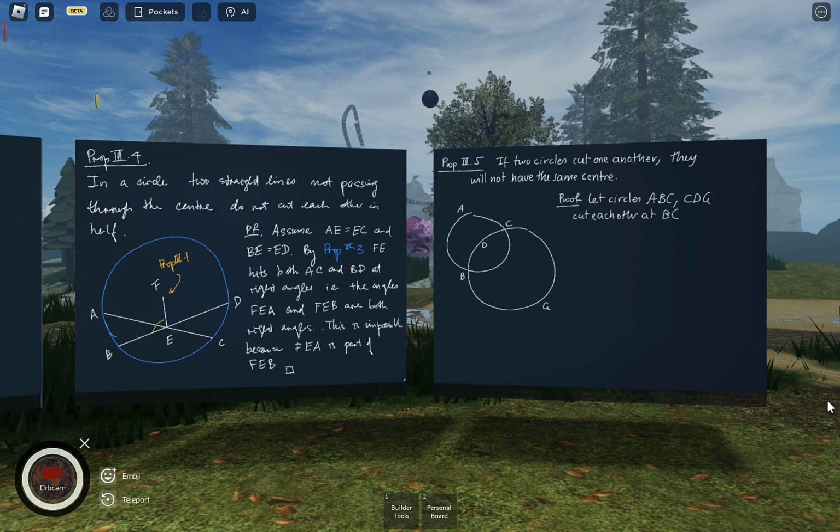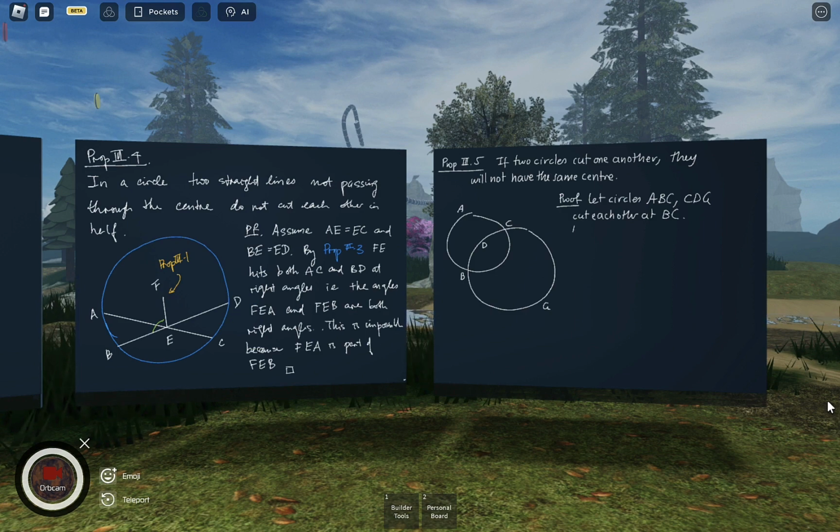Remember, there's a distinction between cut, which means transverse intersection in modern language, and touch, which is non-transverse. That was sort of discussed in the definitions. I won't reiterate it. So this is the kind of picture we're considering, and we need to prove that they do not have the same center.